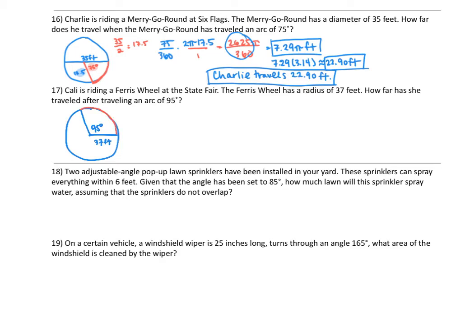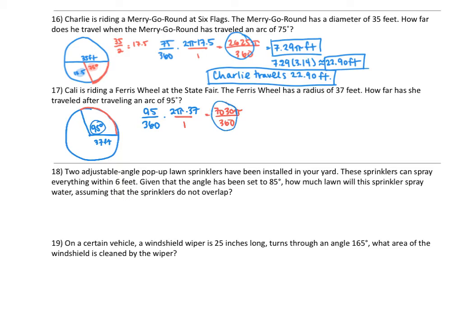So using my formula, I have my angle, so 95 over 360 times 2 pi times 37, which is the radius. So 95 times 2 times 37, 7,030 pi over 360.